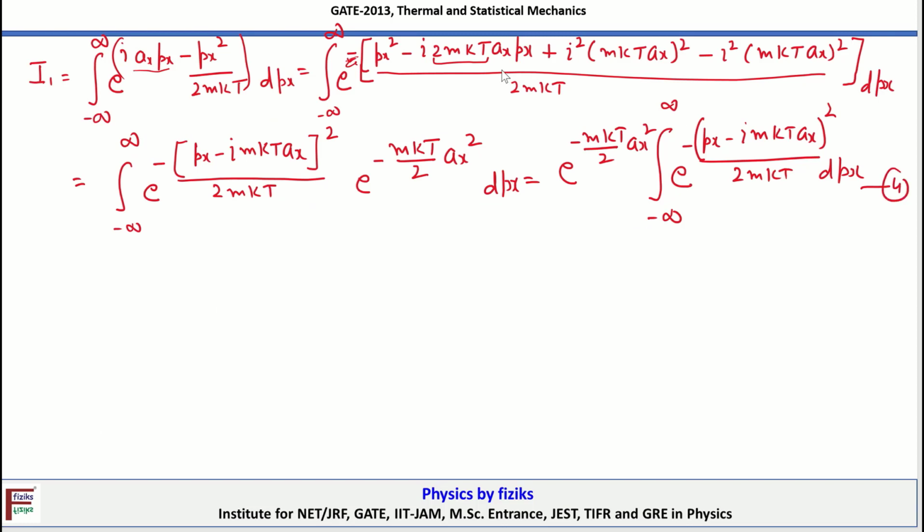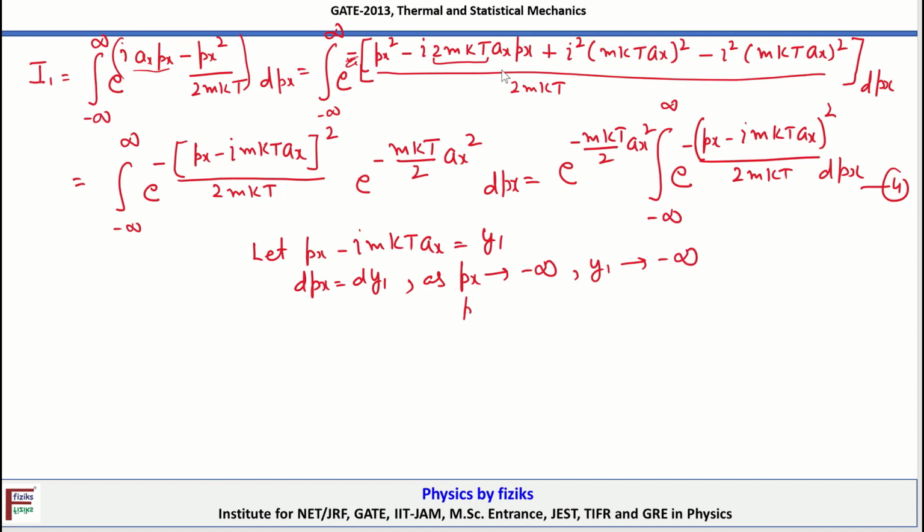Now here I'm going to make a substitution. Let p_x minus i mkT a_x be equal to y1, so that dp_x is equal to dy1. As p_x goes to minus infinity, y1 goes to minus infinity, and as p_x goes to plus infinity, y1 also goes to plus infinity.